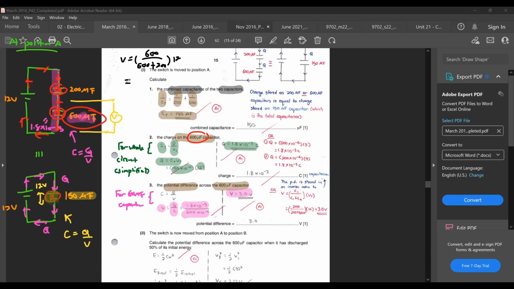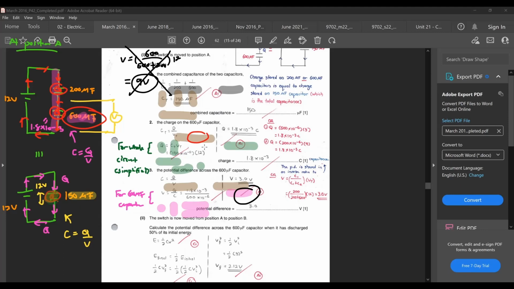So the answer you get by doing this is 600 over 800 times 12. You're going to get 9 volts. You see, the answer is different from what you found here. So this one is actually wrong. Okay, so don't use the potential divider equation.